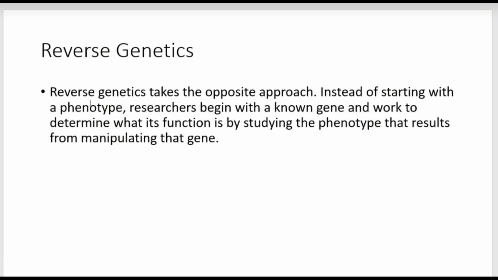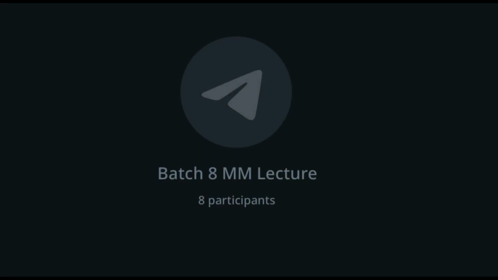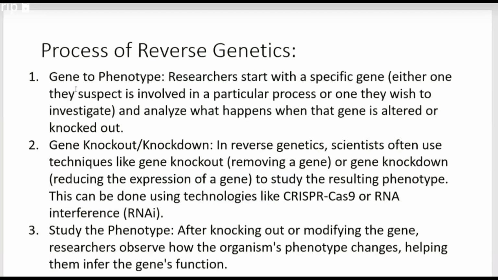Then the other concept is reverse genetics, vice versa of forward genetics. It begins in the opposite direction. It begins with genes. The process of reverse genetics is gene to phenotype.